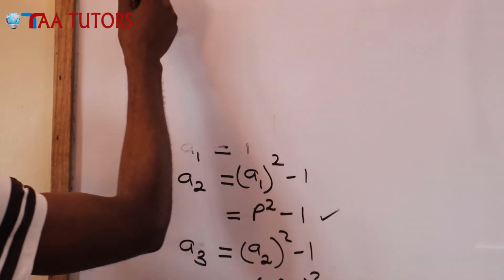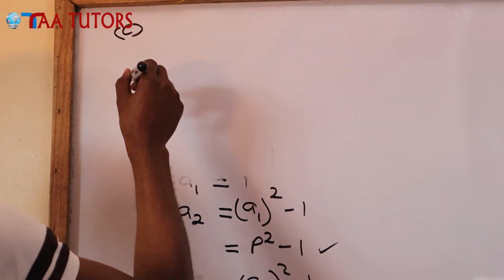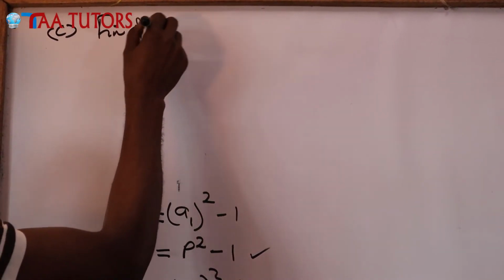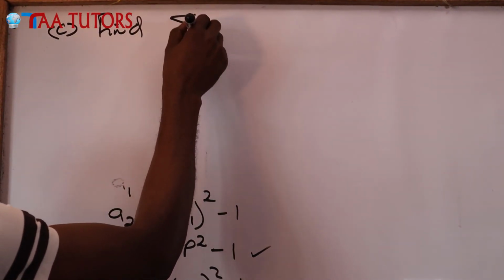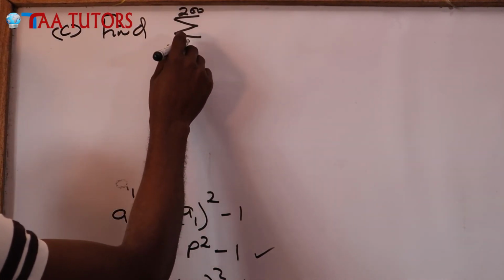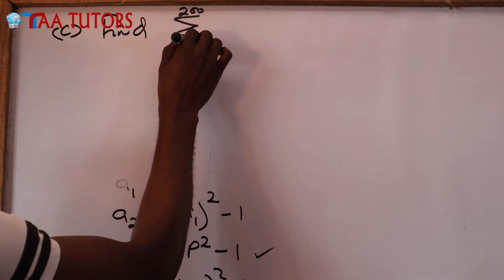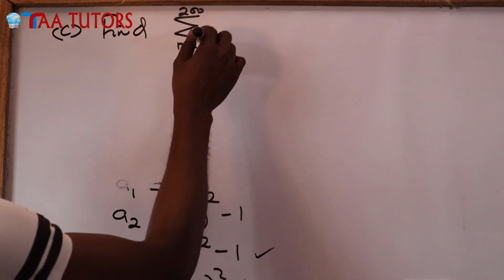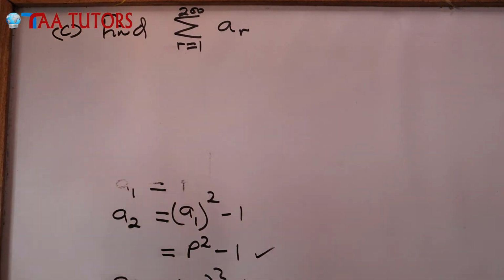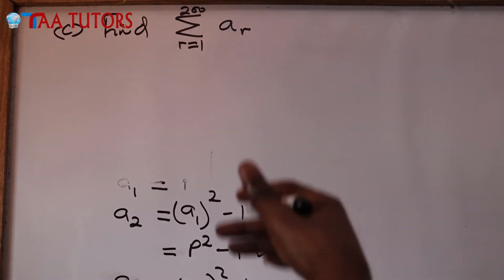Part C is asking us to find the sigma notation. You remember that we already looked at sigma notation. This is 200, and this is R equals 1. This one is AR. We know AR is actually the numbers A1, A2, A3, A4, A5.